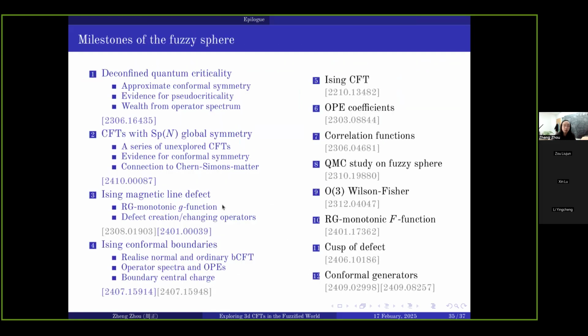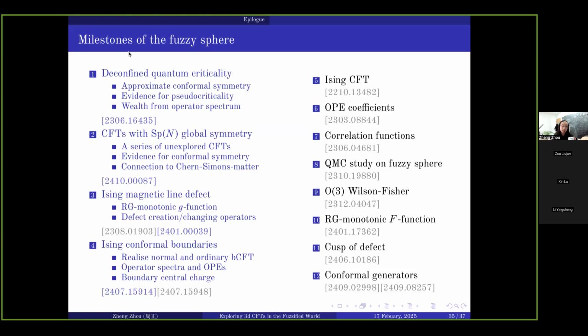As a concluding remark, since the proposal of the fuzzy sphere, the study of 3D CFT has been revolutionized. Many theories that people could not study before, now people have proper tools for. Many quantities that people could not calculate before, now they can calculate.